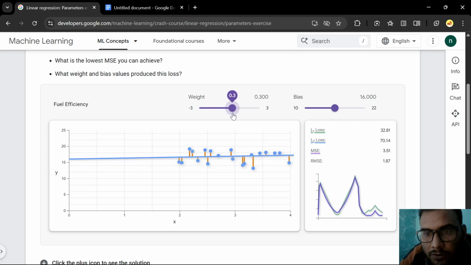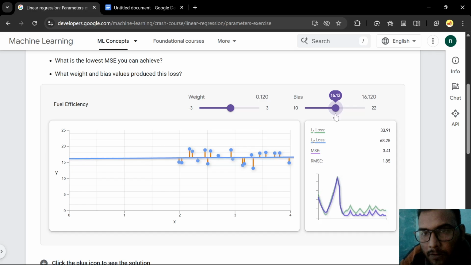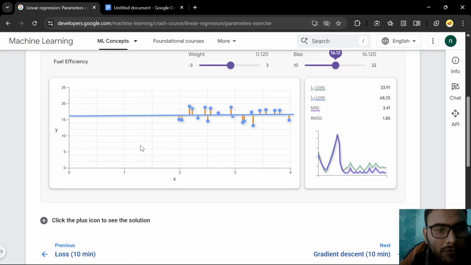So you see 3.7545. I think 3 point, yes, 46. That should be the lowest. In case of bias, I think again it is 3 point. Yes, so I think yes.